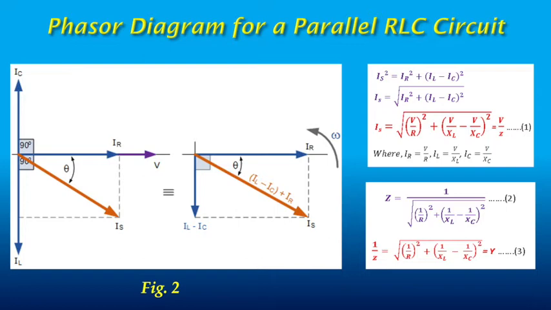Since the voltage across the circuit is common to all three circuit elements, we can use this as the reference vector, with the three current vectors drawn relative to this at their corresponding angles.